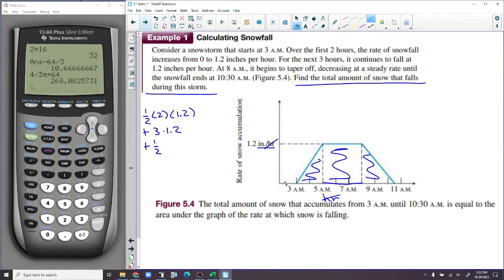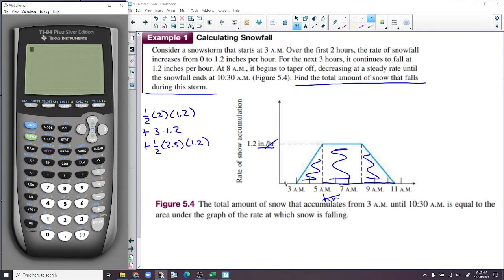And then we end with another triangle on the end, which is 1/2 times 2.5 hours times 1.2. We'll just go 1.2, because those cancel out, plus 3.6 plus 0.5 times 2.5 times 1.2. So it ends up being 6.3 inches of snow has fallen.